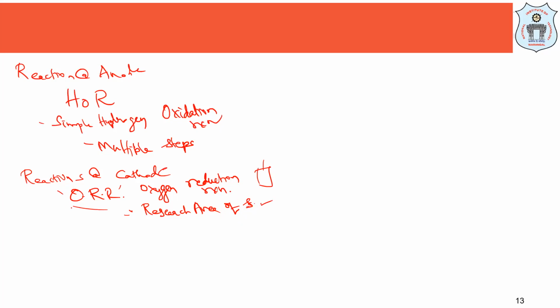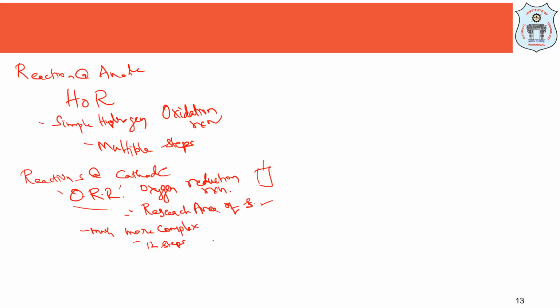As I told you, this is an interesting research area because it is more complex. The reaction taking place here is much more complex to explain, and it involves a dozen potential reaction steps, at least 12 steps.